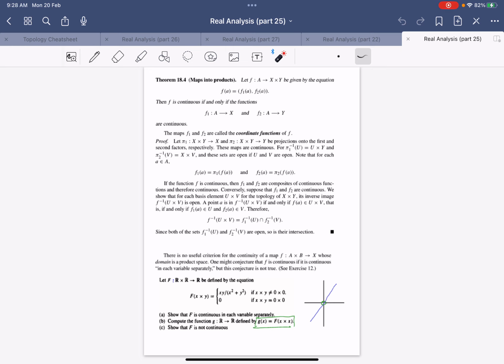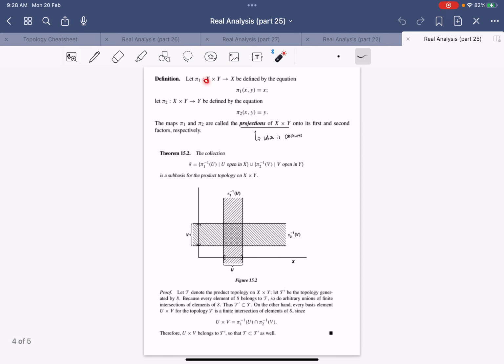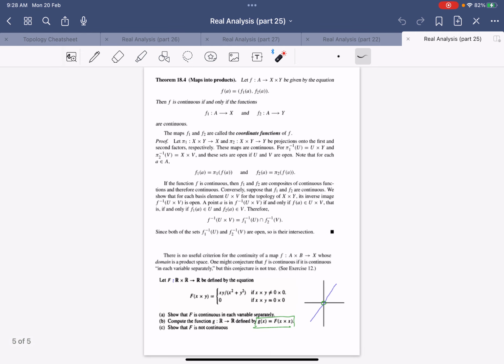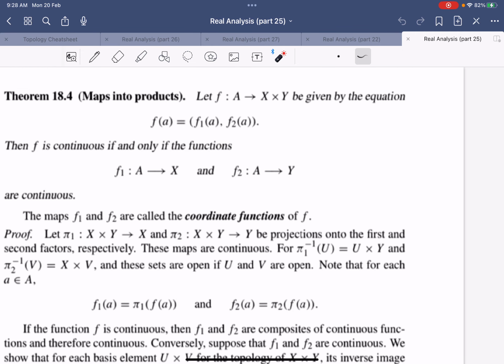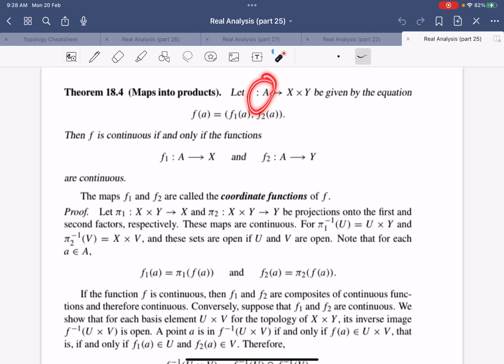And one of them is a map into the product space. Previously we talked about the product space mapping into X or Y, and those are the projections. Now we want to take a function that brings an element from A to X cross Y. This is the function defined, where F1 and F2 are also functions.